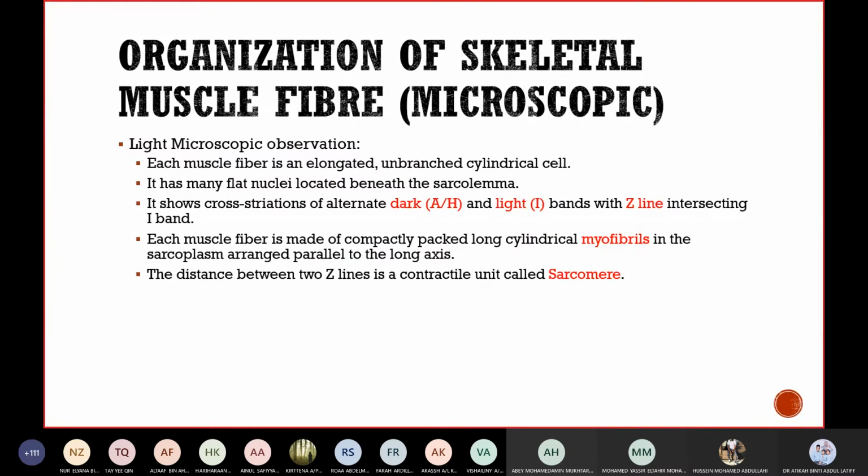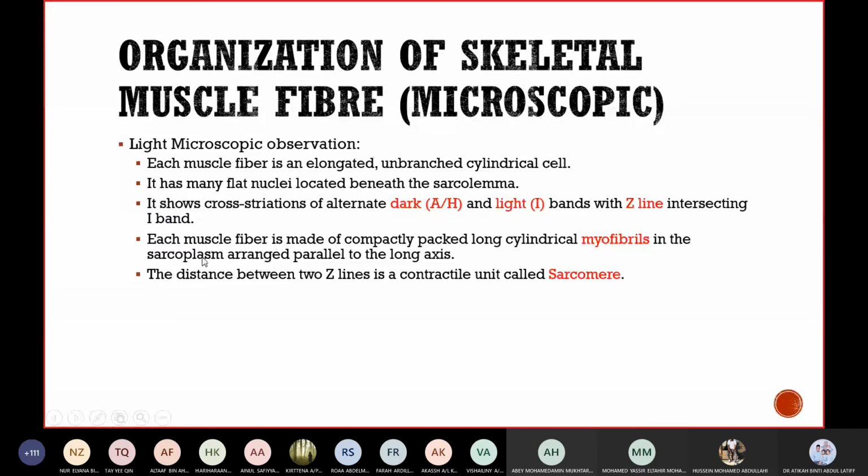So if you focus on the muscle fiber or the cell, each muscle fiber is elongated and unbranched. It has many flat nuclei located beneath the sarcolemma. You can also see bands of light and dark bands, which are A and I or H and I bands with Z line intersecting the I band.